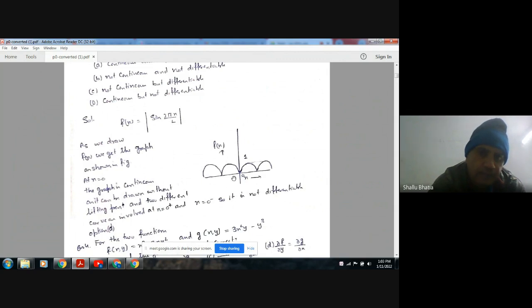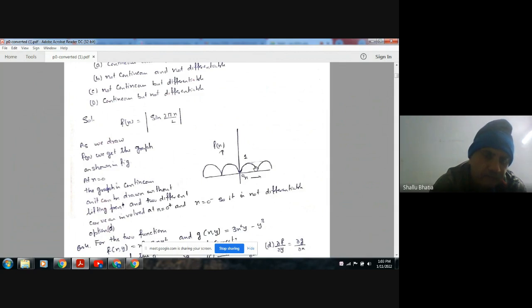This graph can be drawn without lifting the pen, so this is a continuous function everywhere. But at x equals 0 there are two separate curves. If it were differentiable it should be smooth there, but it is taking a different shape on each side, here and here.